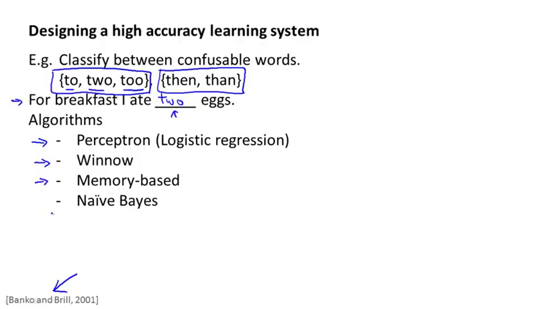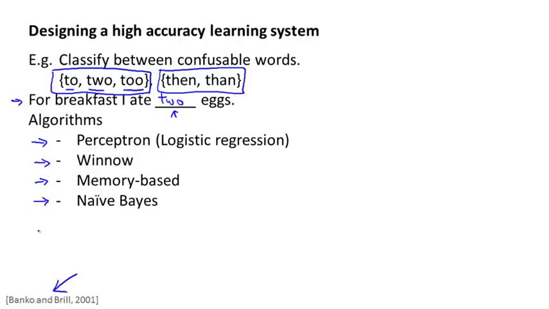They took what's called a memory-based learning algorithm, again used somewhat less now. I'll talk a little bit about that later. And they used the naive Bayes algorithm, which is something that I'll actually talk about in this course. The exact details of these algorithms aren't important. Think of this as just picking 4 different classification algorithms, and really the exact algorithms aren't important.